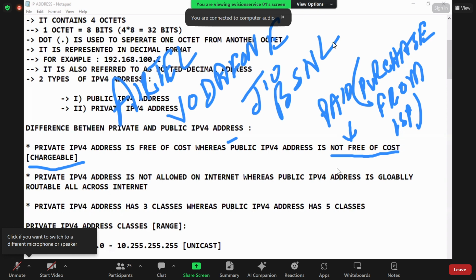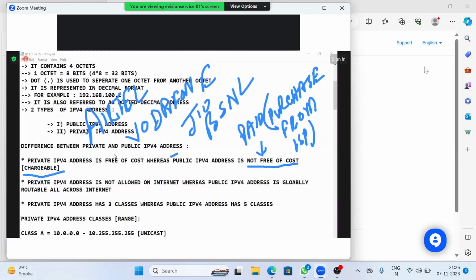Internet service providers are the ones who are basically giving you internet connectivity. So always, when we as a customer need a public IP to use on our machine, the ISP is the one from whom we can purchase these public IPs.